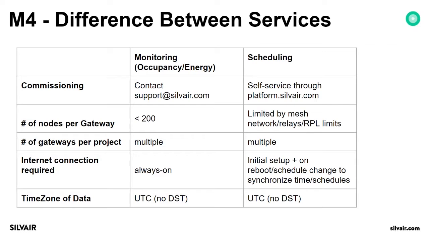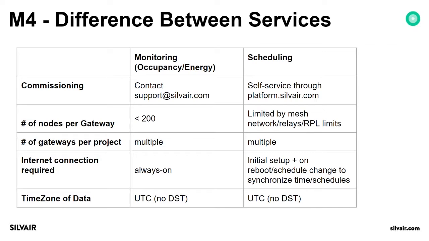Regarding scheduling, this is self-service through platform.silvair.com. This means that it's enabled and you can use it just by having the gateway and provisioning it to the project. You will be able to set scheduling by yourself. No further action from support is needed.